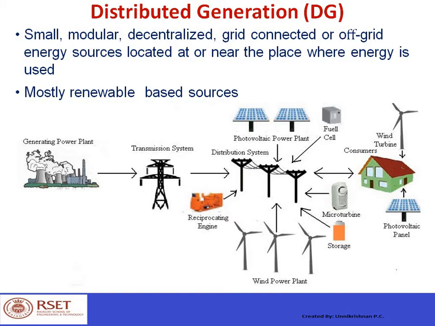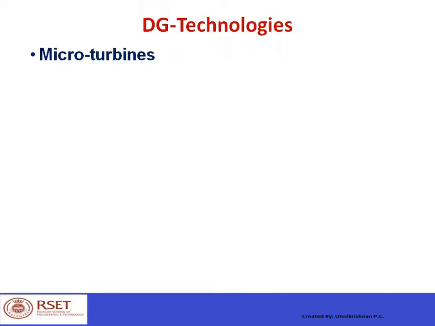For example, the solar panels installed in institutions, houses, industries, etc., micro turbine, storage devices, wind turbines. So these are examples of distributed generators. We will see different DG technologies.